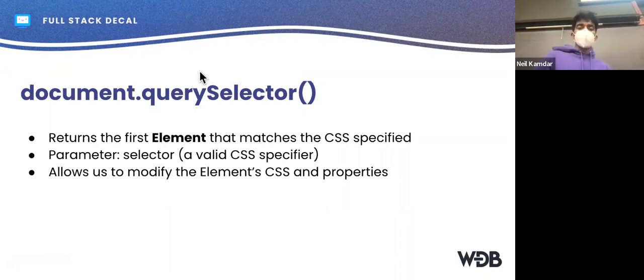We can refer to a selector as doing the same thing. So if we pass into these parentheses a period and then red text or something, it'll refer to that CSS. We're going to look into it in just a second. And this is important because it allows us to modify the element's CSS and its properties.